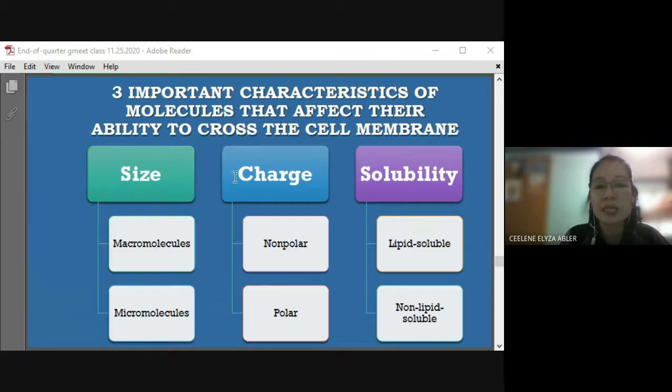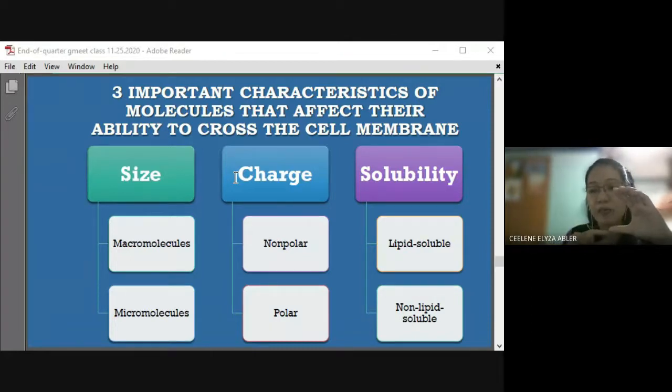Okay, next is we have the charge. Okay, if it is non-polar na substance, mas madali siyang makapasok than a polar substance. Tandaan yan ha. It's because, balikan natin yung phospholipid kanina, mas makapal yung hydrophobic region than the hydrophilic na regions outside.